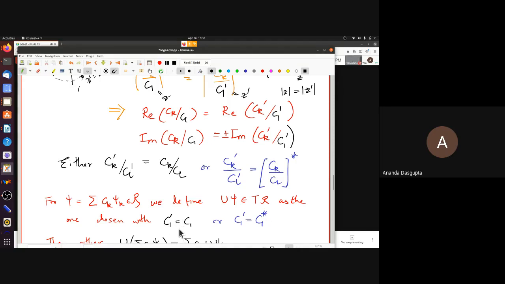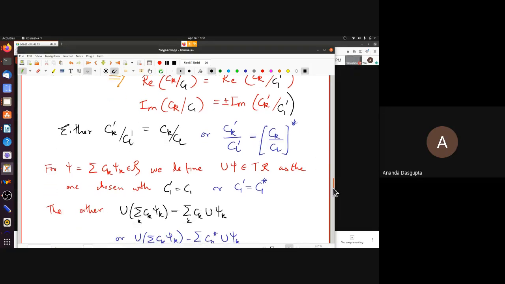And then it's sort of trivial to show, from this and this, what you manage to show is U acting on Ck psi k. If you choose C1 prime to be equal to C1, that's your phase choice. You can always make a phase choice there.